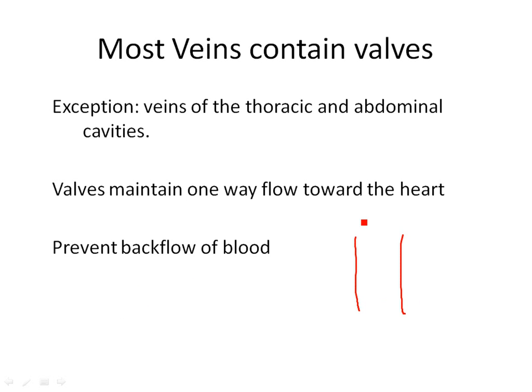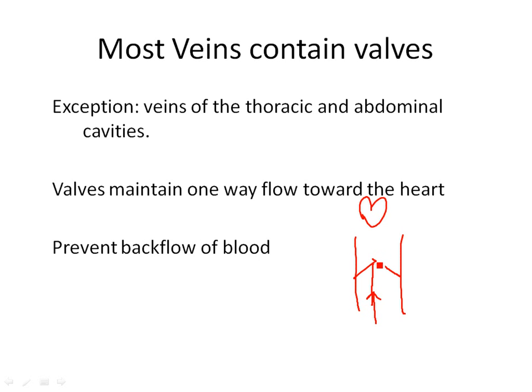So if this is our vessel here, and we're trying to get blood back up to the heart, so we'll draw a little heart right there. What happens is you have these flaps that just overlap. As blood is pushing up through these flaps, they will open up and allow the blood to flow through.